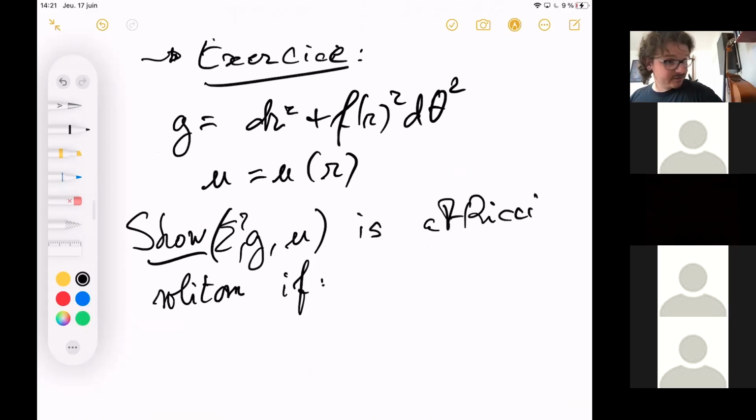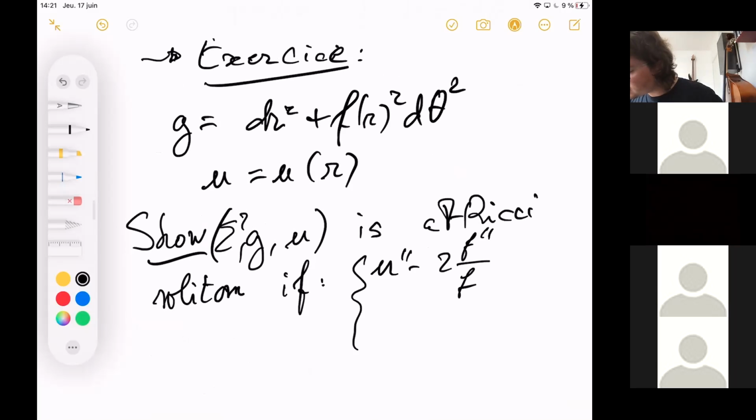If so, this boils down to a system of ODE. Maybe lambda should be lambda over 2 or something like that.